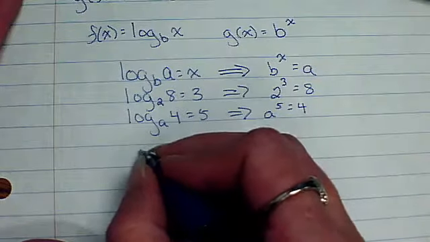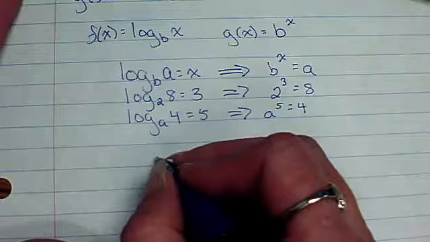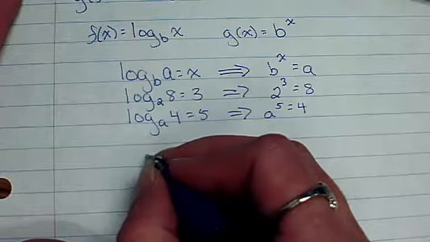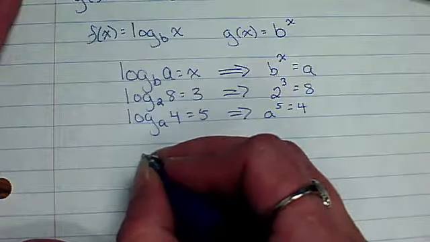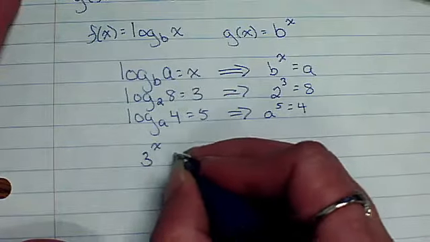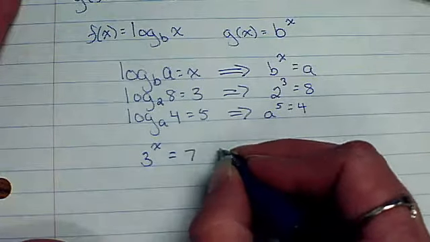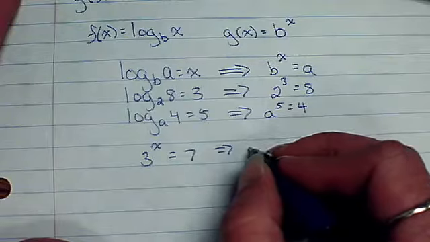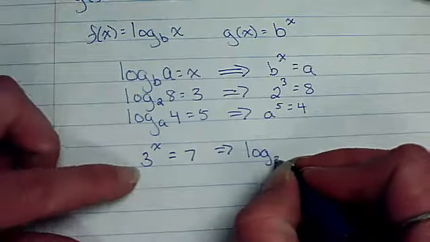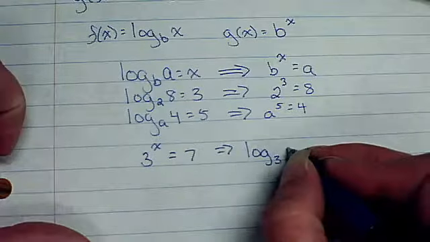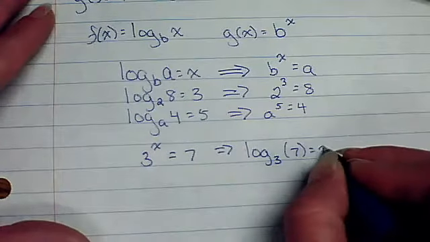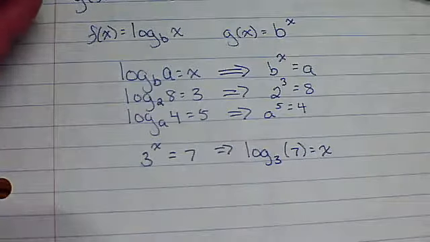What about, let's go the other way. What if I knew 3 to some power gives me 7? Well, if I rewrote it as a log, the base of the logarithm is the same. The exponent is the answer.